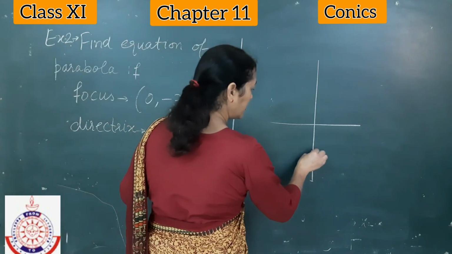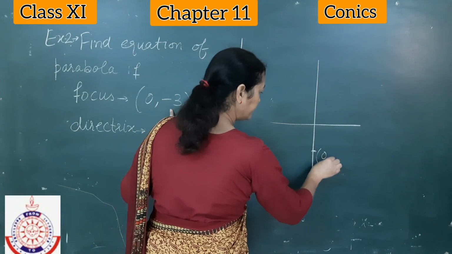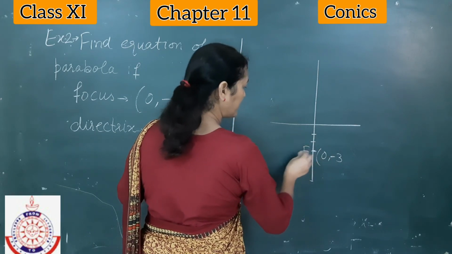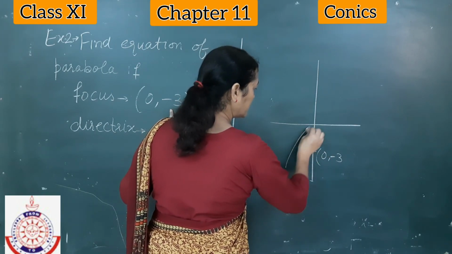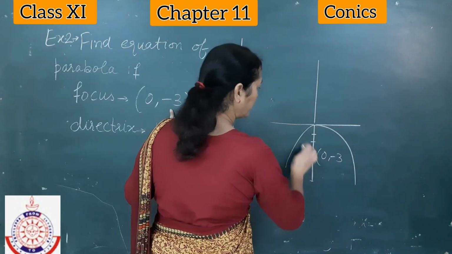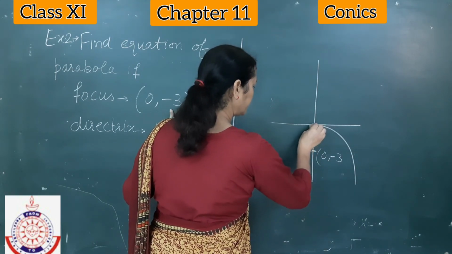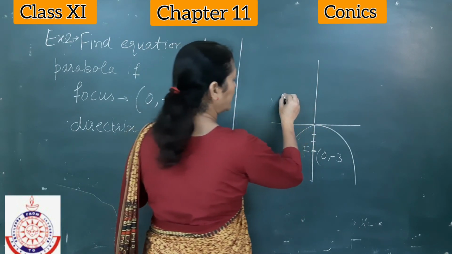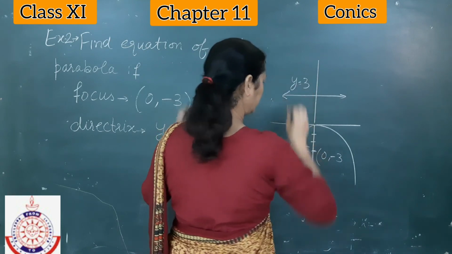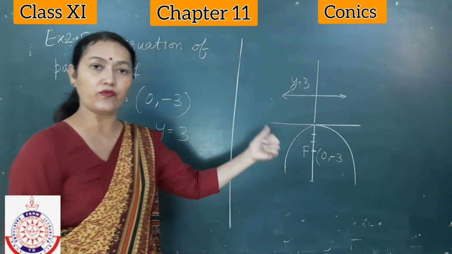That means focus will lie here, 1, 2, 3. Focus will be here. So what kind of parabola will it be? It will be a downward parabola. And equation of directrix is here. Clearly you can see this is a downward parabola.